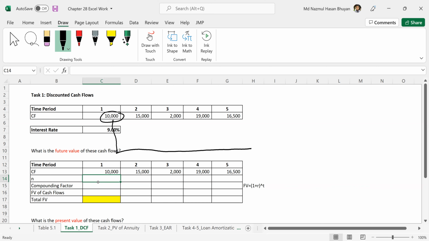Now the question is, for how many years should you get interest on your $10,000 deposit at the end of year number 1? You are going to get interest from year number 1 to year number 2, 1 year. Then you're going to get interest on this amount from year number 2 to year number 3, second year.